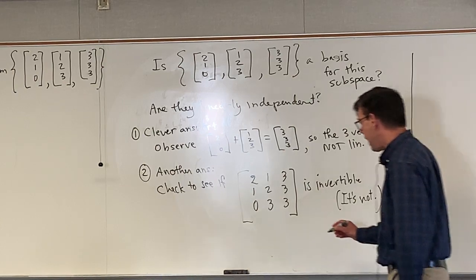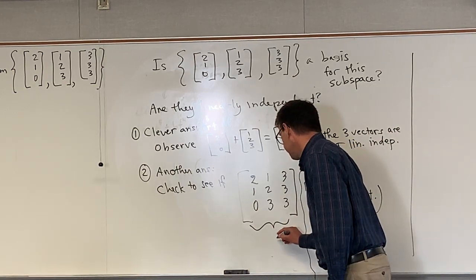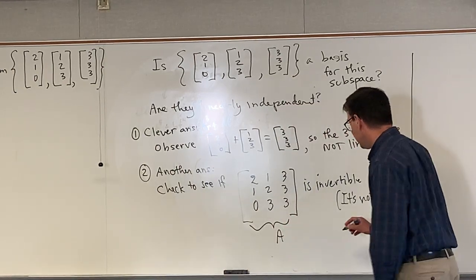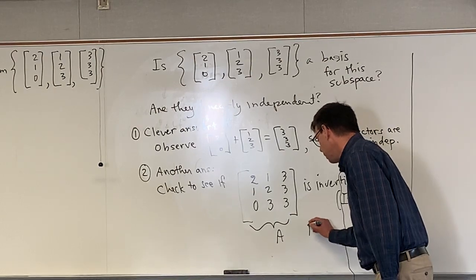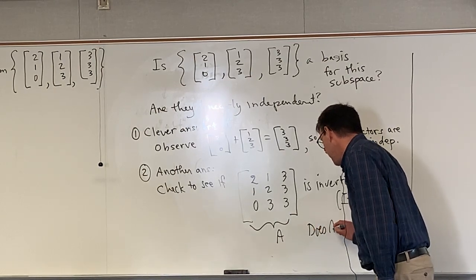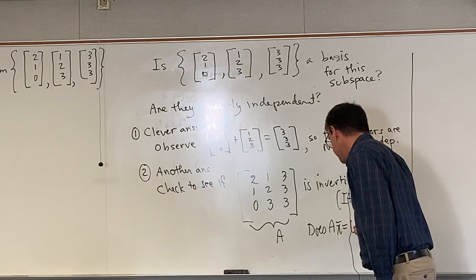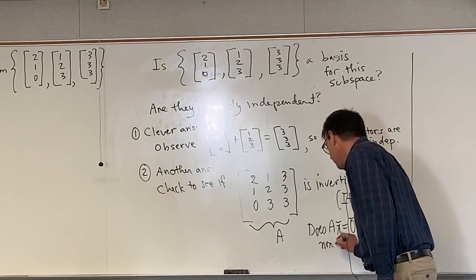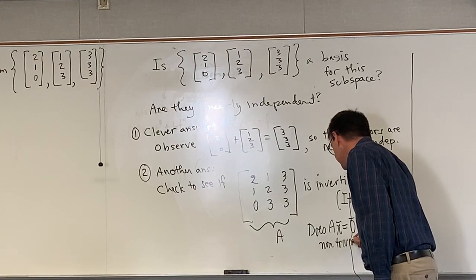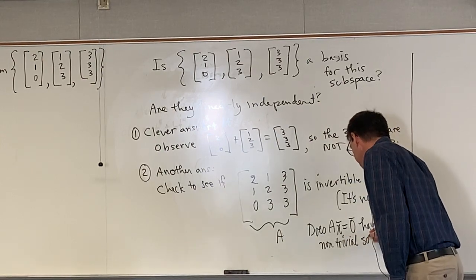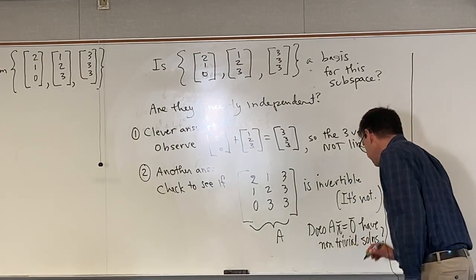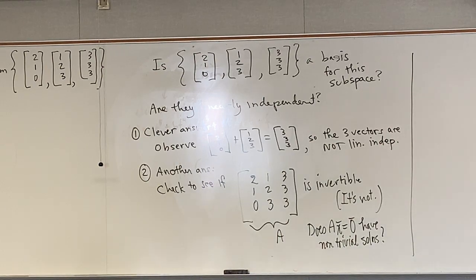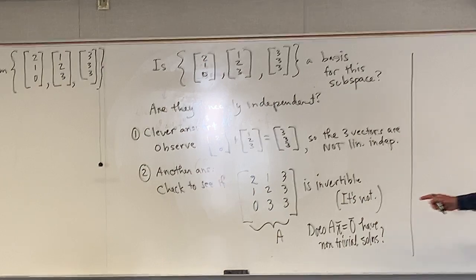If you call this A, you could check to see, does AX equals 0 have non-trivial solutions? Right? So that's kind of a thing we've done a lot. But again, you could just check the determinant.